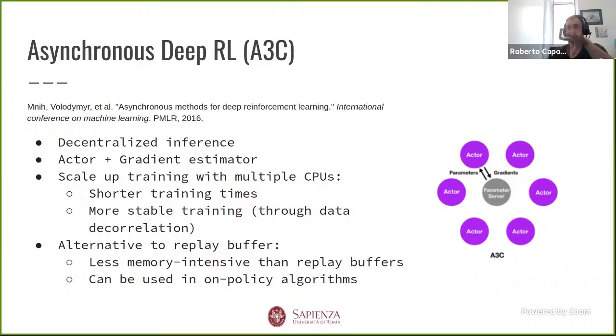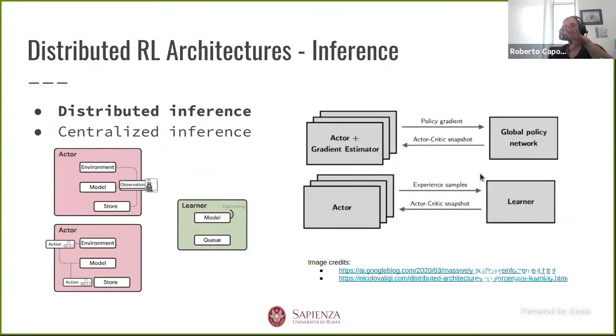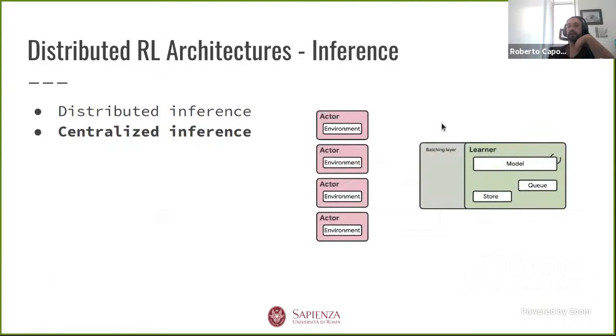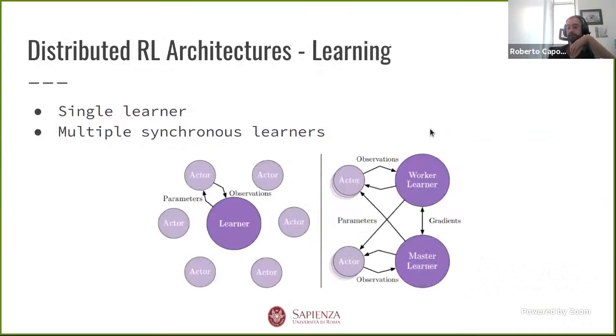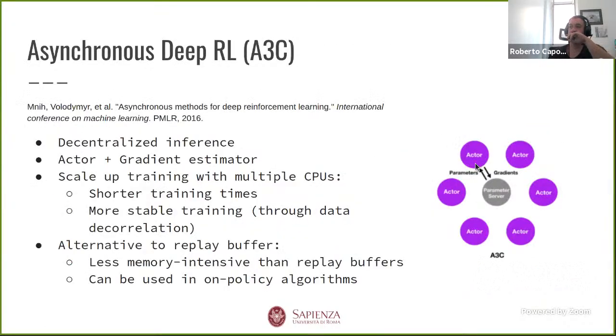But in this case, it's the first architecture that we described, this one, where each actor here computes the gradients. Then these gradients are accumulated and updated all together, and there is this parameter server that returns the correct parameters to each actor.